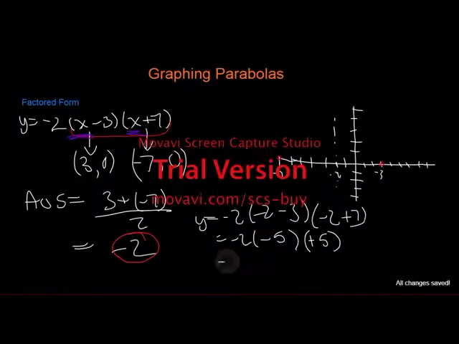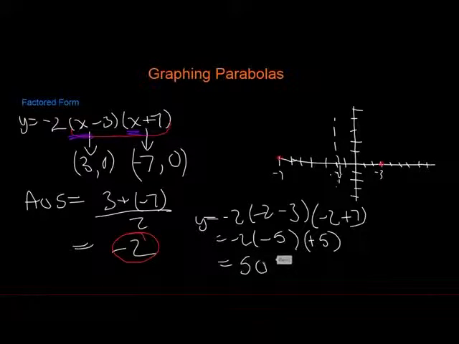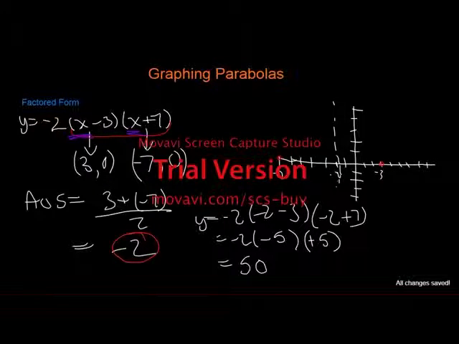Okay, so that is going to be 50. So now we can plot the vertex of this parabola, which is right here.